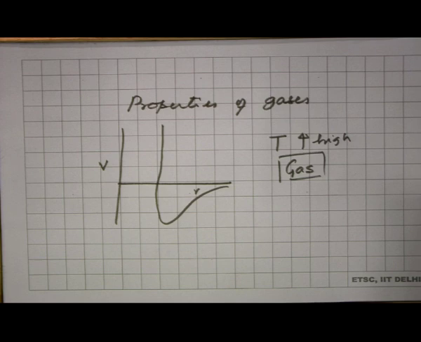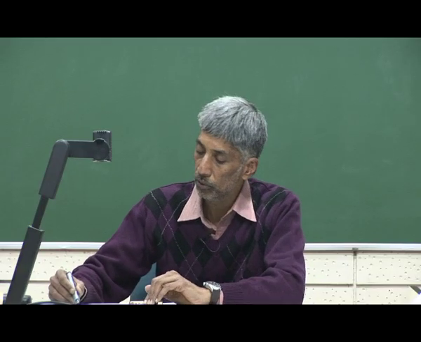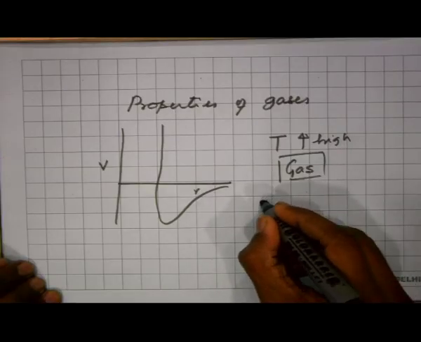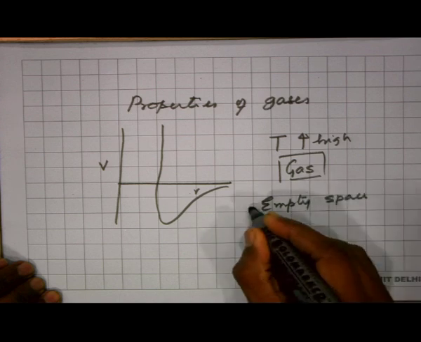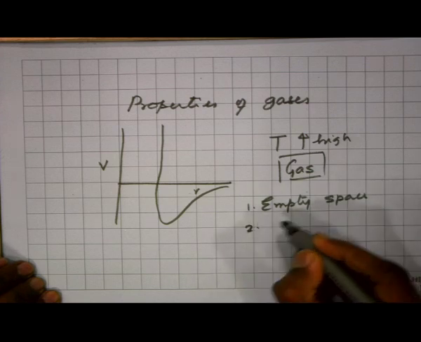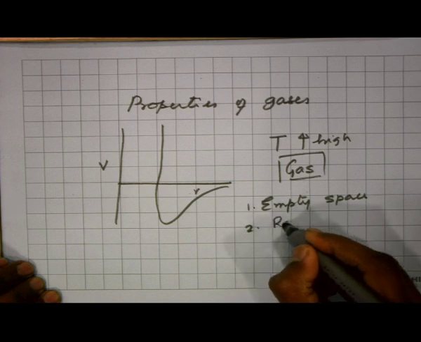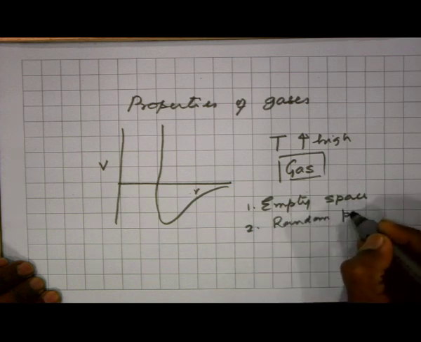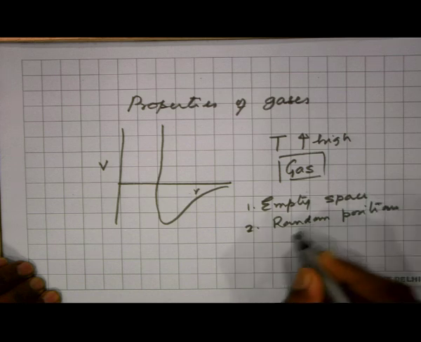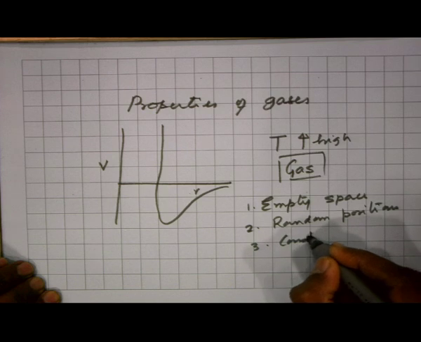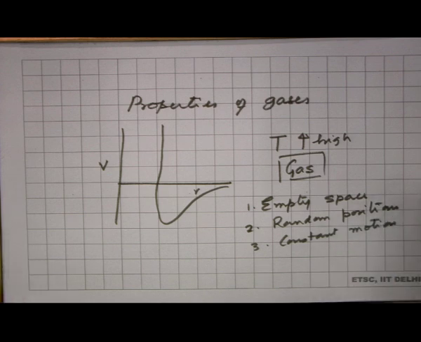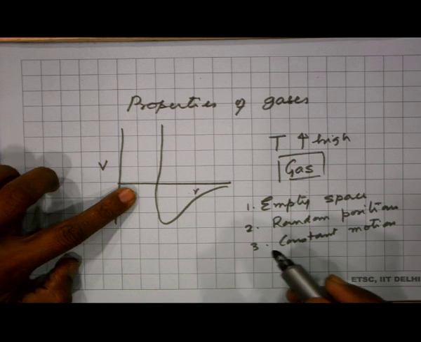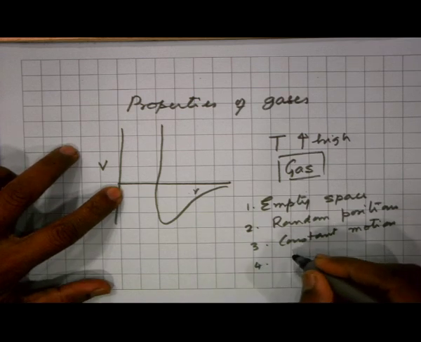And in the kinetic molecular theory of a gas, we have already pointed out that there is a lot of empty space, and that the molecules have random positions, and they are undergoing constant, random motion. And implicitly what we are saying is that intermolecular interactions in this case are small.